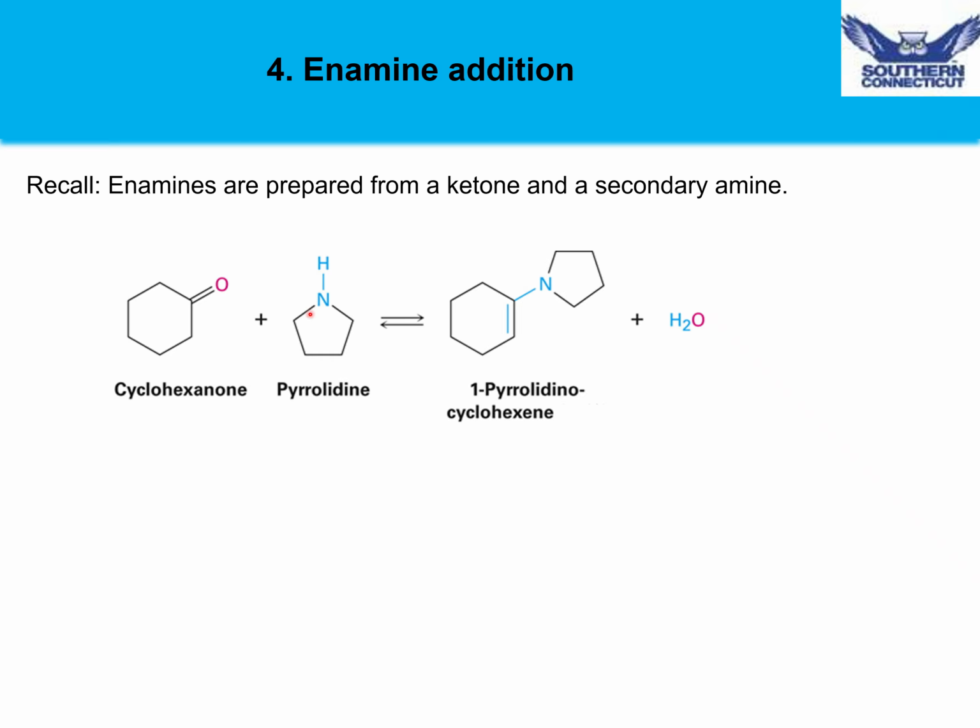So this reaction is reversible, and if you might recall, if we add water and acid to the enamine, we can go back to the ketone and amine that we used to make it. The amines are always going to be secondary amines whenever we make an enamine.